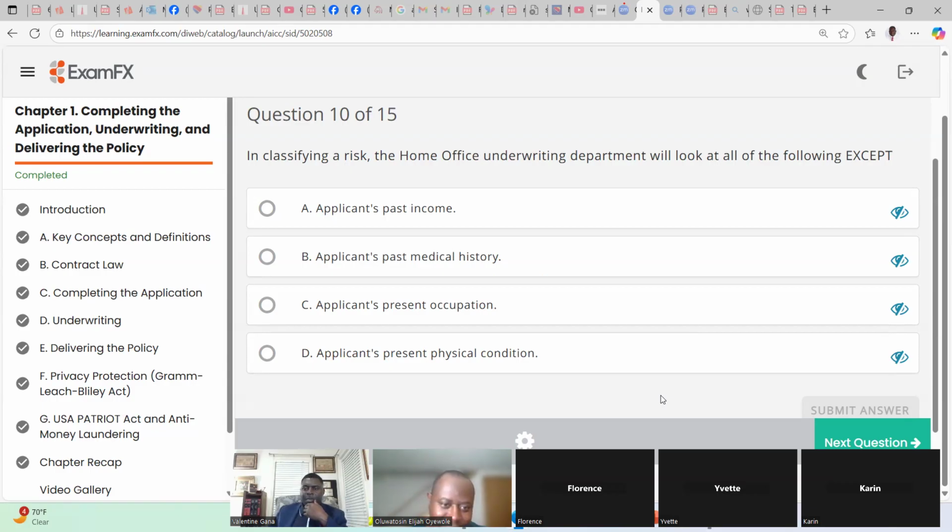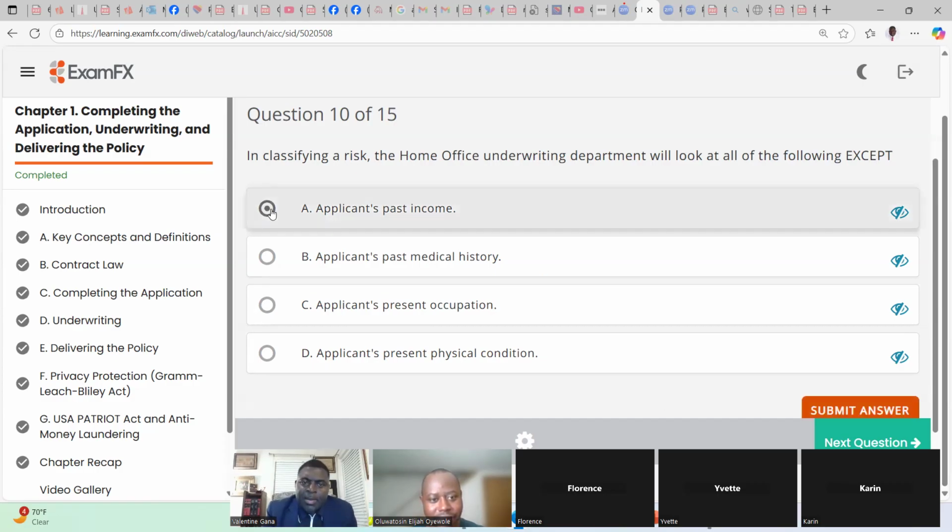Past income. They will look at the medical history, the current occupation, the physical condition, not past income. You think the applicant's past income is relevant?